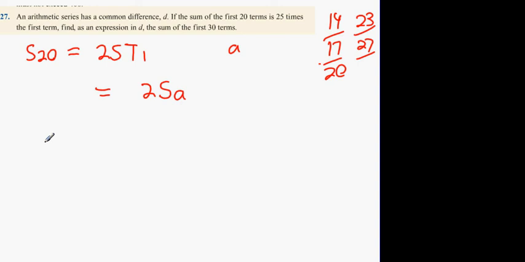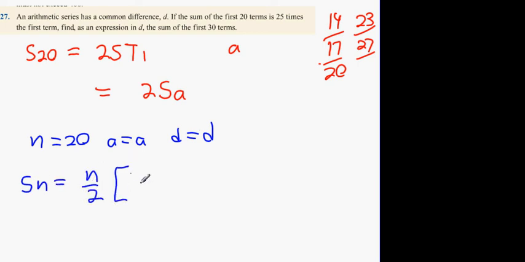So for S20, n equals 20, a equals a, d equals d. So Sn equals n over 2 times 2a plus n minus 1 times d.